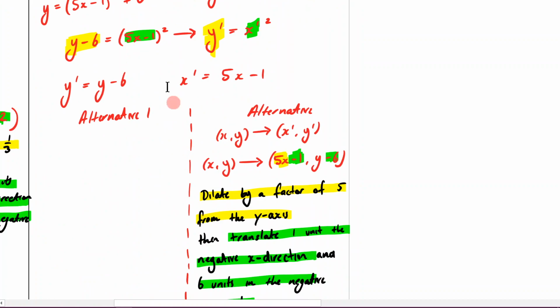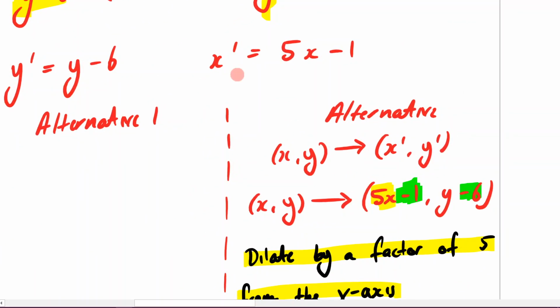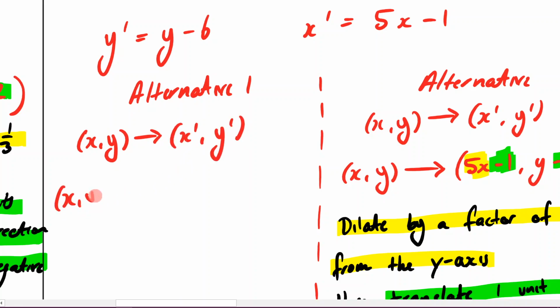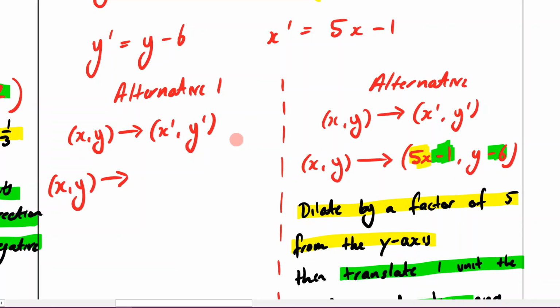The other way to do it: once you figure out what x dash is, there's of course another way to write it. I have x, y, and I'm going to x dash, y dash. And instead of writing x dash like this, I could factorize it.